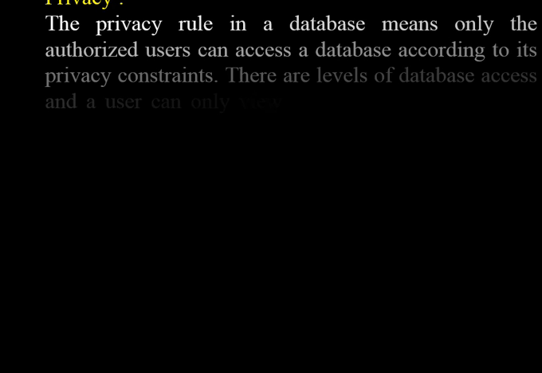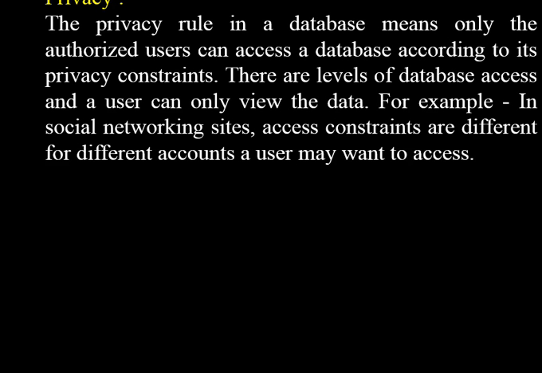Next, privacy. The privacy rule in a database means only the authorized user can access a database according to its privacy. There are levels of database access, and a user can only view the data he is allowed to. For example, in a social networking site, access constraints are different for different accounts a user may want to access.